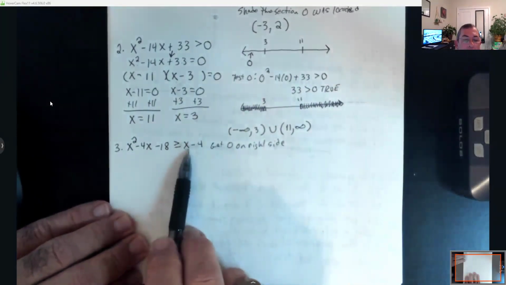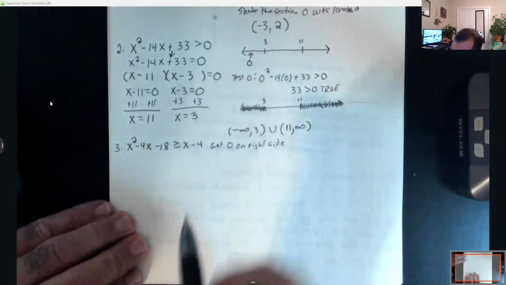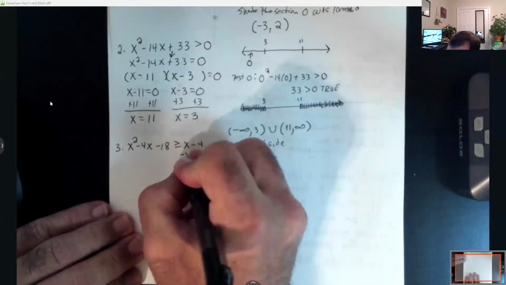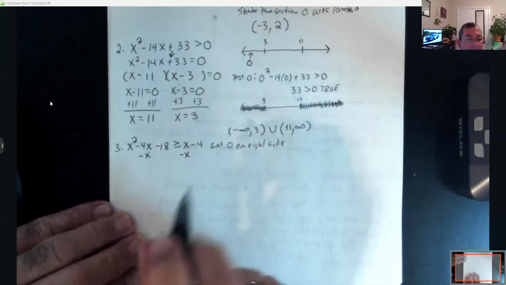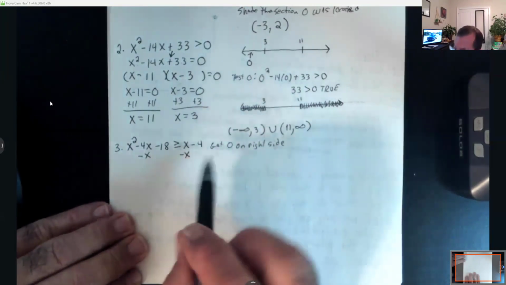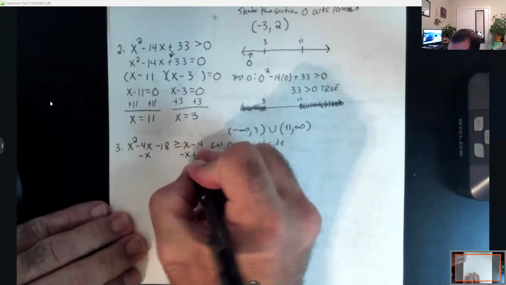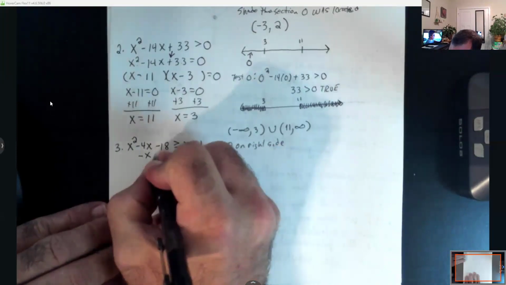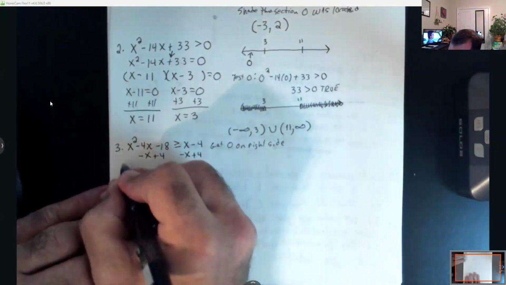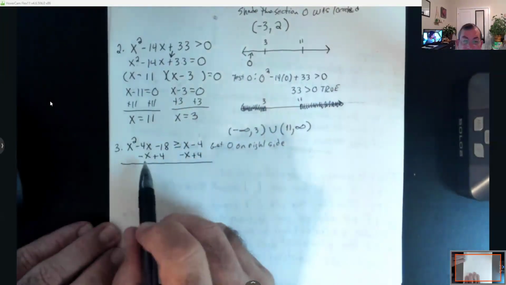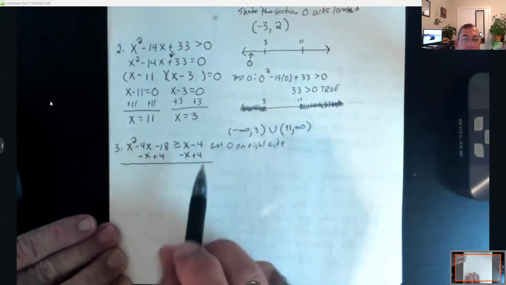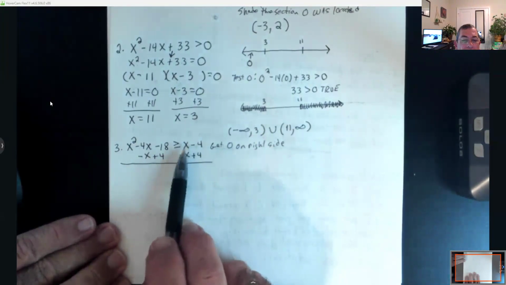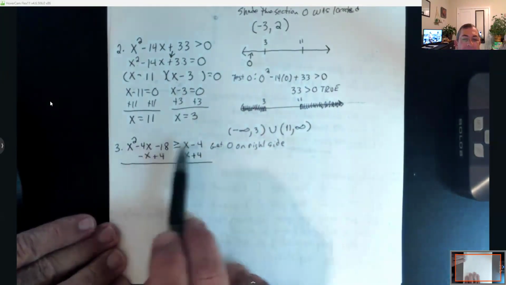And to get a 0 over here, I'm going to subtract the x from both sides. And I'm going to add 4 to both sides. Now this side, I'm just trying to line them up where I'll have my like terms together, okay? But notice, positive x, you subtract x from both sides.